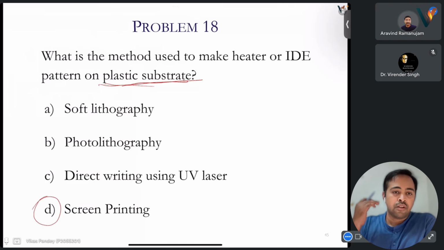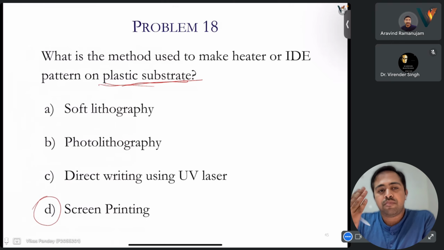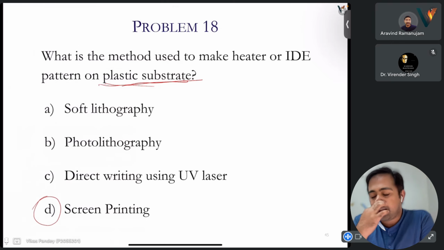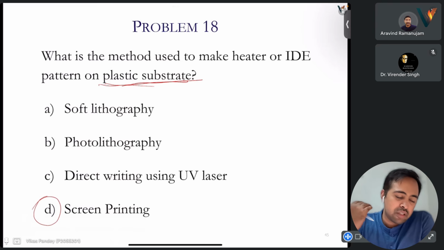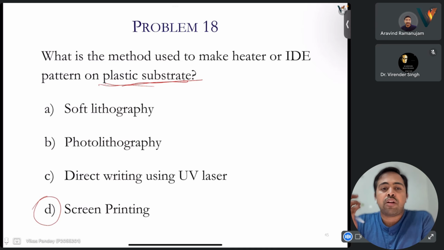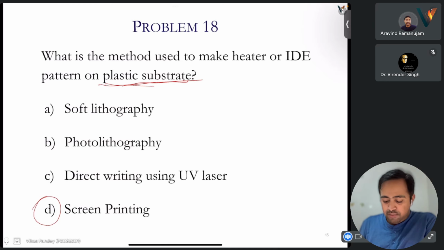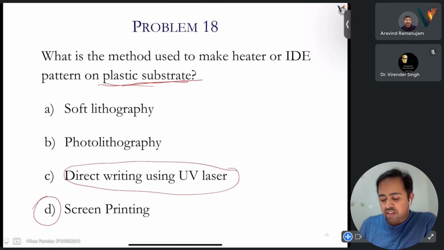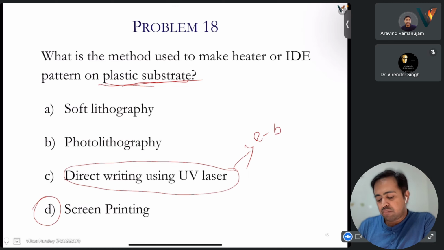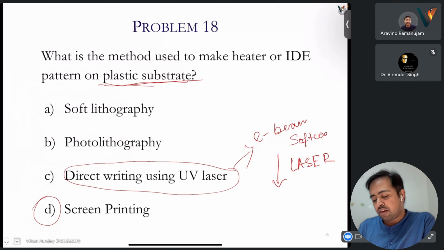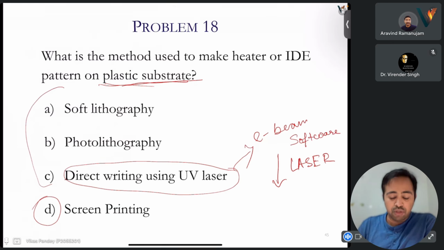We have talked about lithography: soft lithography and photolithography. Even direct writing using laser is very similar to e-beam lithography, where the beam used is a laser and the patterning is done as per commands from software that holds the pattern. Okay, so we know these.